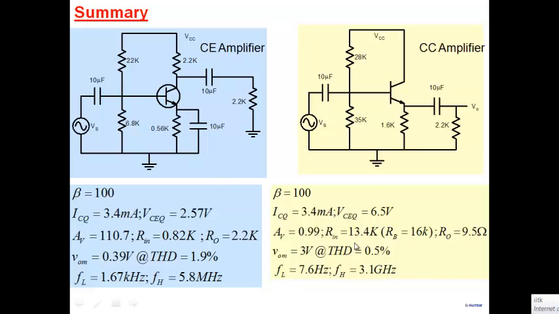This is an amplifier which doesn't give us gain, gives us high input resistance, gives us low output impedance, gives us a good swing, 3 volt, with very low harmonic distortion. So it's a highly linear amplifier, and if there is no large capacitor attached, gives us a very high bandwidth. FH is very high, 3.1 gigahertz, as compared to a common emitter amplifier.